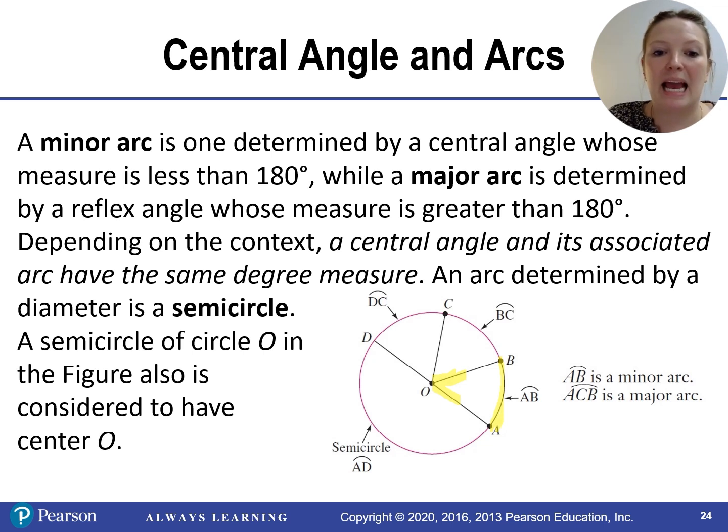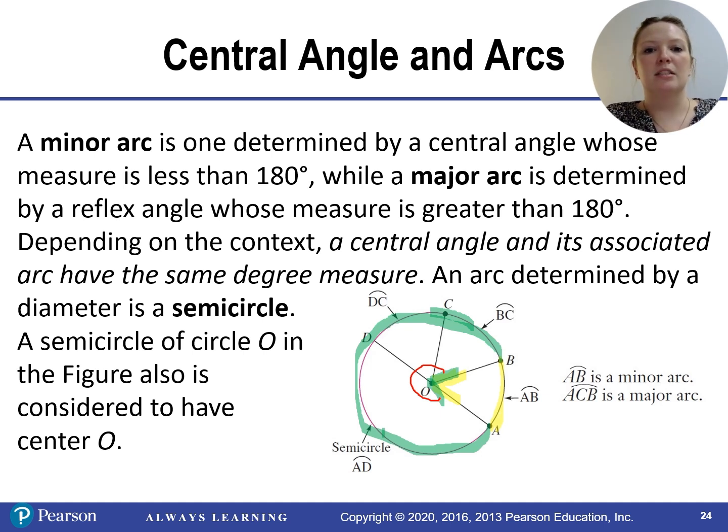So arc ACB, if I use green, is the arc all the way around from A through C to B. That's a major arc because this angle, if we go around this way, is greater than a 180 degree angle. Depending on context, the central angle and its associated arc have the same degree measure.